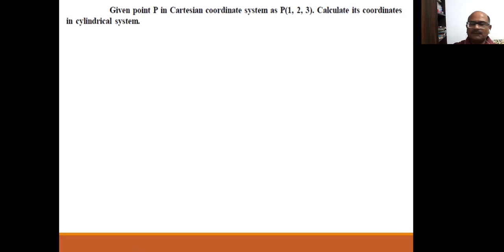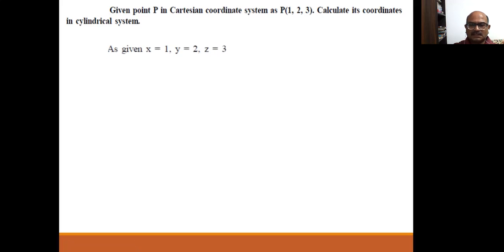You can refer to my class on Cartesian and cylindrical coordinate system transformation. There is a point P in Cartesian x, y, z, but in the cylindrical system it is rho, phi, z.